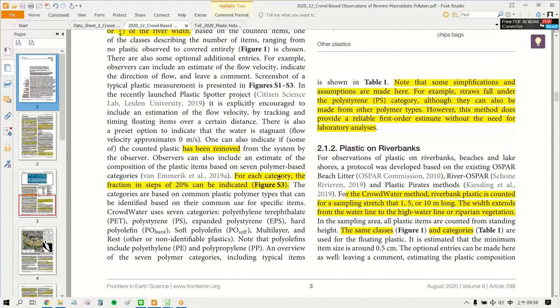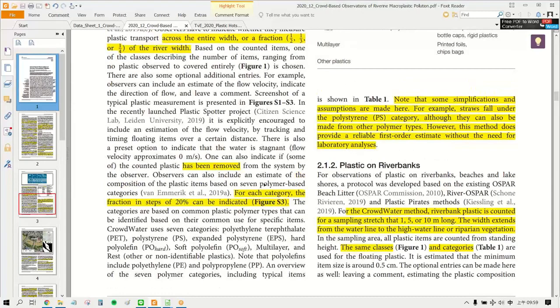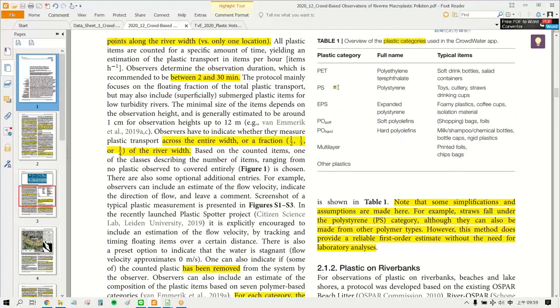For each category, they mention how they record the composition of the plastic. In the application, as I mentioned, they provide 0, 20, 50, 60, 80 to 100% for the composition of each trash, the fraction of the plastic. And then they also mention these 7 simplified categories.